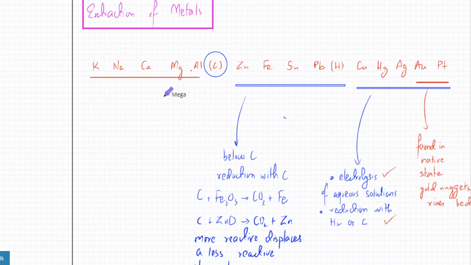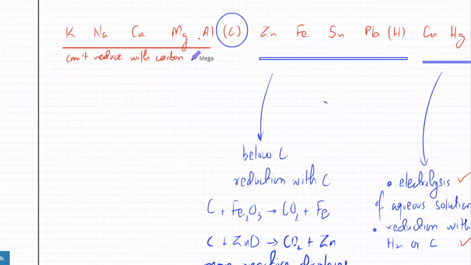You can't reduce with carbon. They're very reactive. So carbon will not be able to take away whatever is attached to them. So can't reduce with carbon, can't do electrolysis of aqueous solution because in aqueous solution H+1 is a lot less reactive.